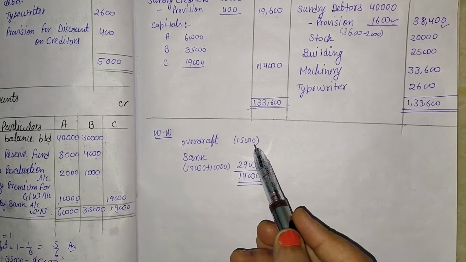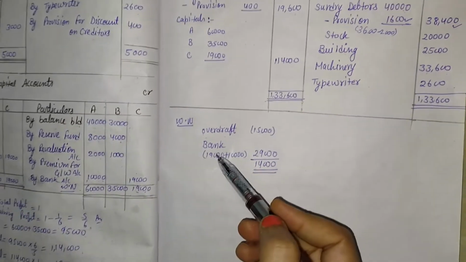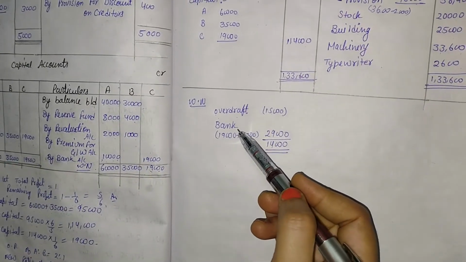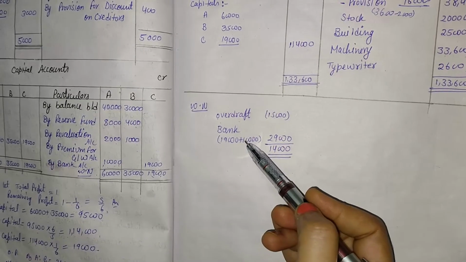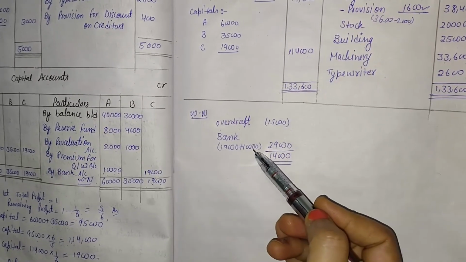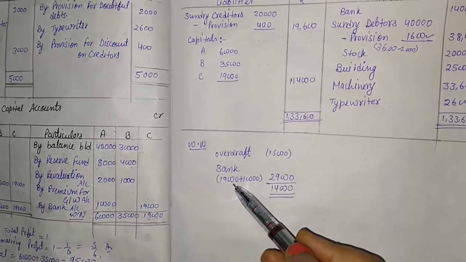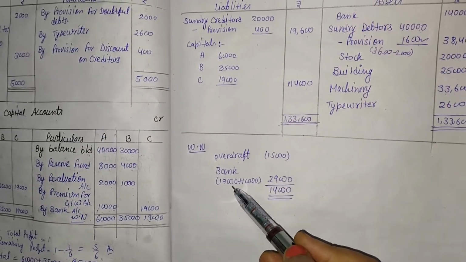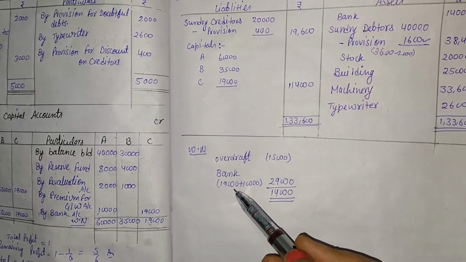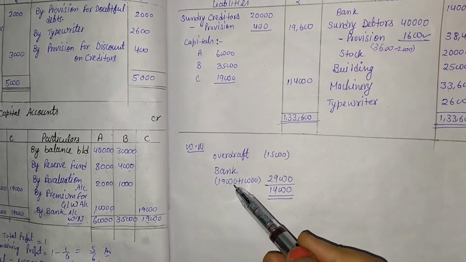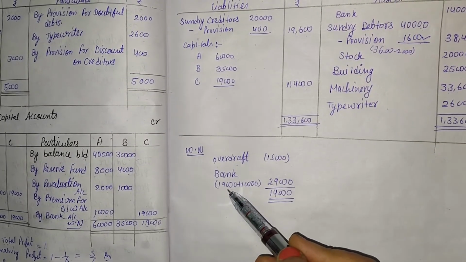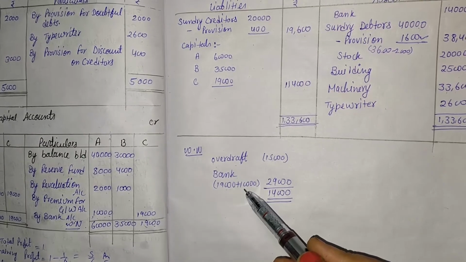And the partner comes with two amounts, the amount of goodwill as well as capital. The amount of goodwill is already given in the question, rupees 10,000, and the amount of capital we already calculated, 19,000 rupees. It means 19,000 plus 10,000, that is 29,000.